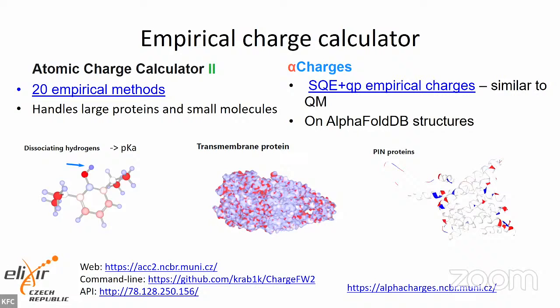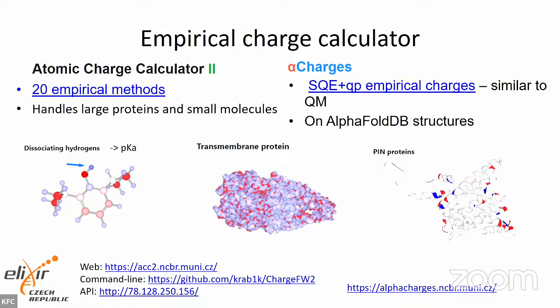And we have an empirical charge calculator for that. Usually what you will find, for instance, in RDKit, are the so-called Gasteiger charges. Those charges are based on electronegativity equalization, and they can be calculated really quickly. And that's the reason why they are usually used.